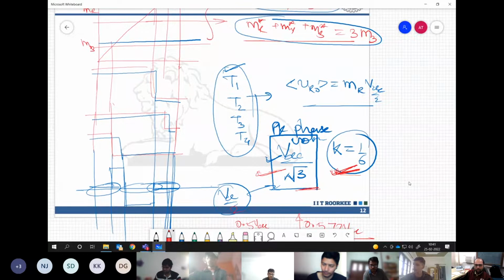Now, because your durations T1, T2, T3, T4 are changing, this may also affect your current ripple. So what you will observe is that instead of going very high on one side and then coming down slowly to a lower value, to 0, it may get distributed something like this.